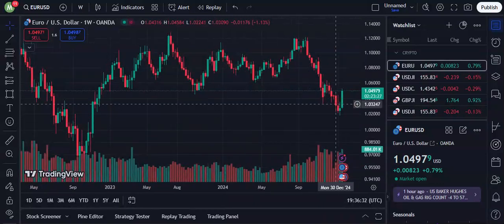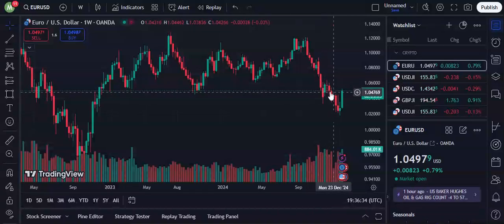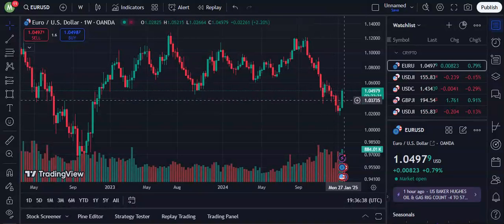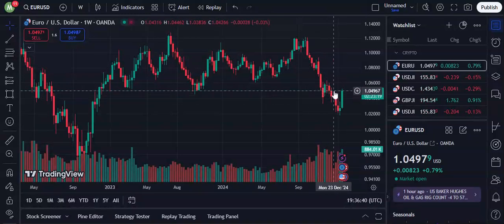So we have this here. What we're looking at is price at this area. We should try to see maybe some point of resistance.